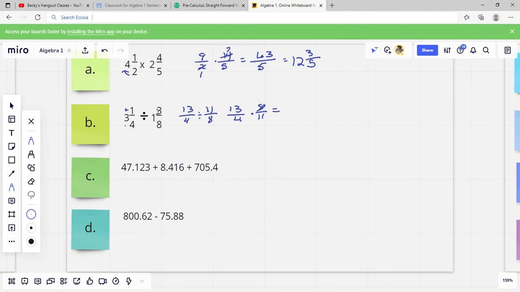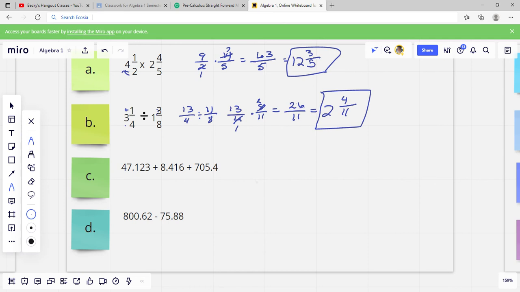How many 4s are in 8? 2 of them. How many 4s are in 4? 1 of them. I'm going to have 13 times 2, which would be 26. And 1 times 11 is 11. Let's see, so that's going to be 2. 2 times 11 is 22. And there'll be 4 left over, 4 11ths. Right, so the answer to 1 was right there, and then that's the answer to number 2.